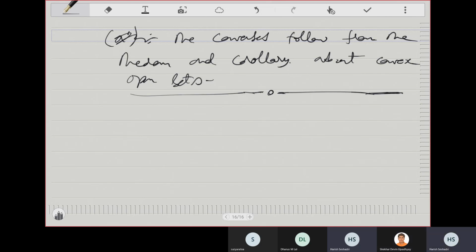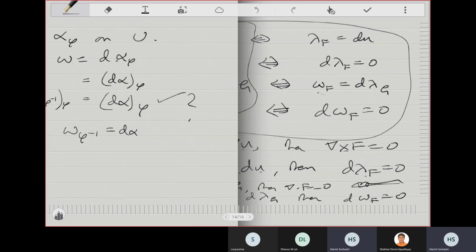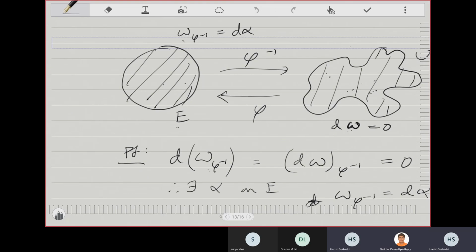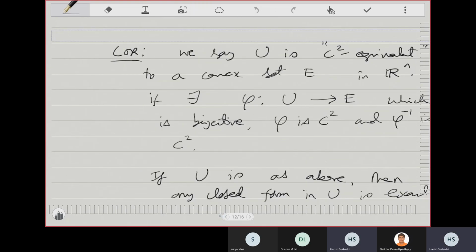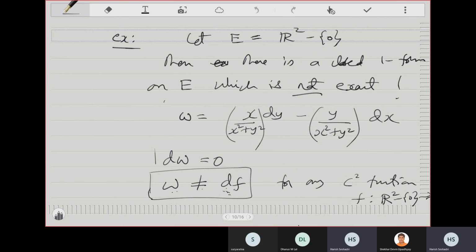But for instance, problem 21, which I had already assigned, I'm surprised that none of you recalled this. That one form on R2 minus 0 is a very important example, actually. It's not the only one form, but it is the easiest one.